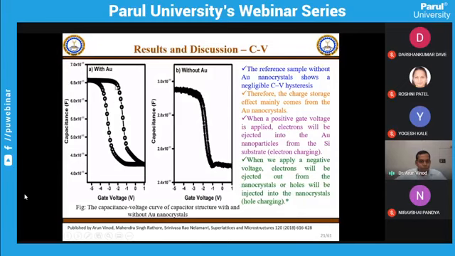So there is hole charging and a discharging process happening, and there is a definite CV hysteresis because of the gold layer. This confirms the non-volatile memory behavior of our deposited films.